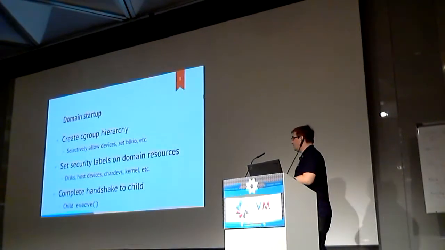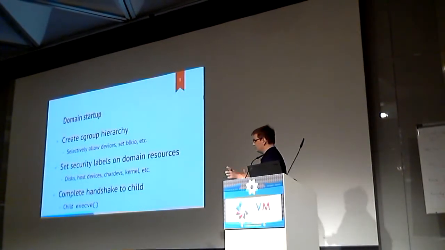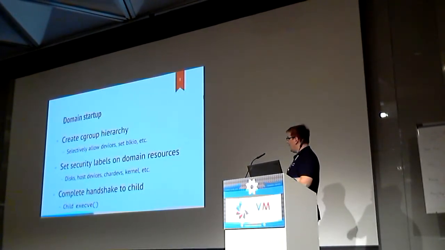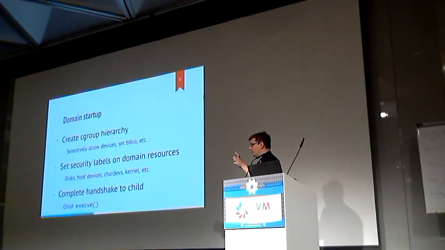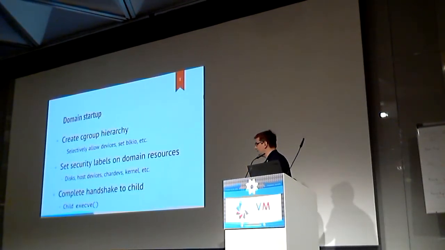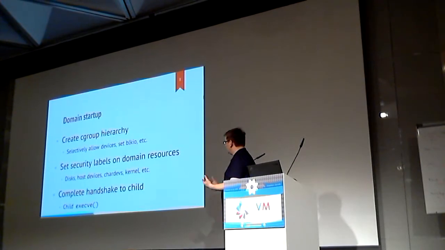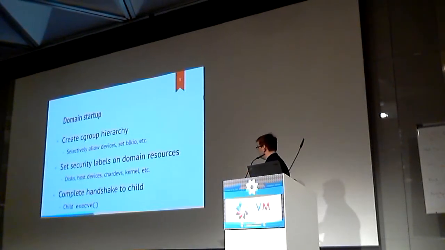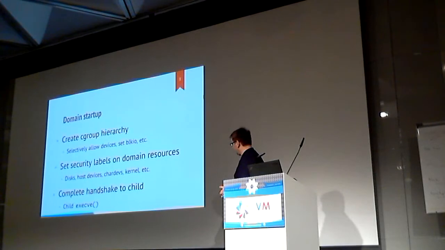Since the daemon is now the only process running as root, because the child has already dropped its privileges, the daemon will set the security labels on all the resources needed for the domain, namely disks, character devices, sockets. If you are booting a kernel directly, then even the kernel image and all kinds of stuff.